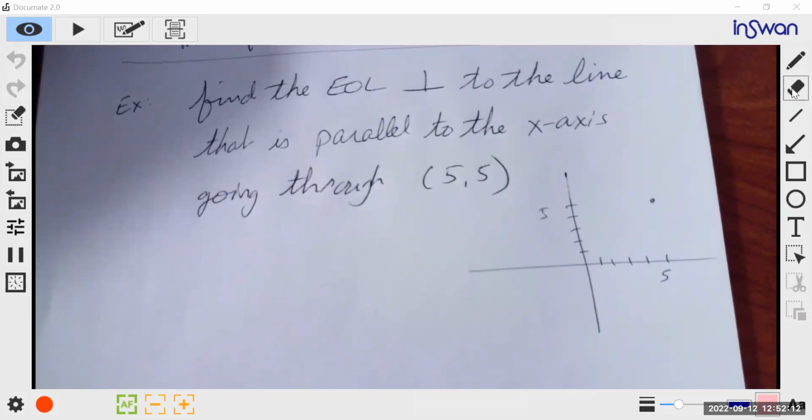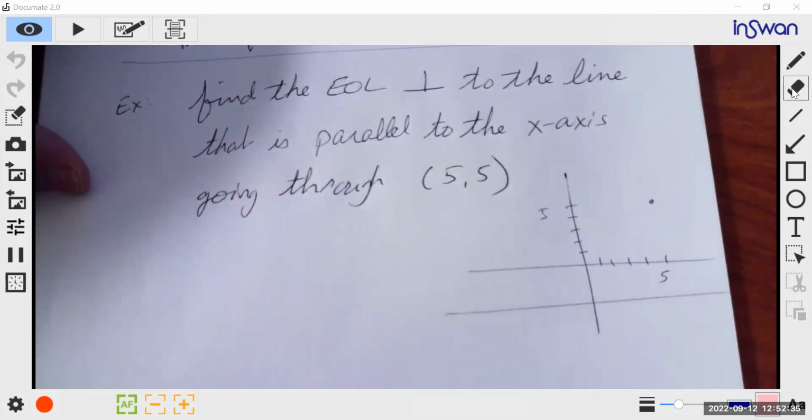Do we know the slope already? Yes, we do. The equation of the line perpendicular to the line parallel to the x-axis. What's the line parallel to the x-axis gonna look like? If it's parallel to the x-axis, it's a horizontal line.